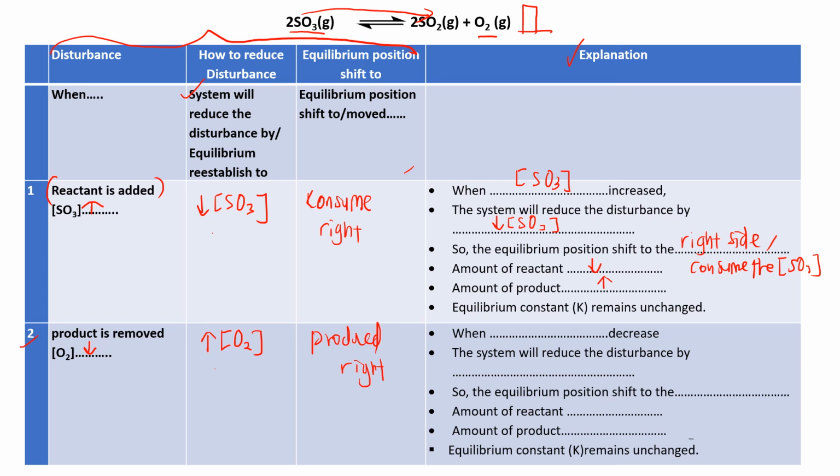Okay, now how do you do the explanation? The first sentence is: when the concentration of O2 decreases, the system will reduce the disturbance by increasing the concentration of O2.